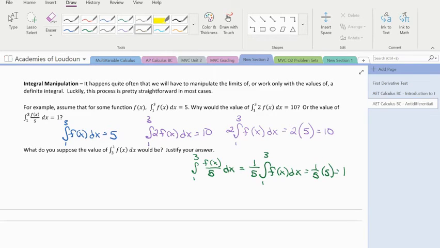And then as we saw earlier, the integral from 3 to 1 of f of x dx is the same as the negative of the integral from 1 to 3 of f of x dx. So that's just going to be -5.